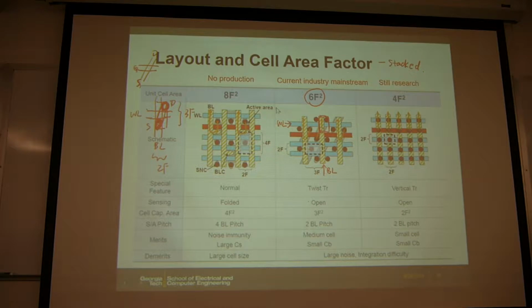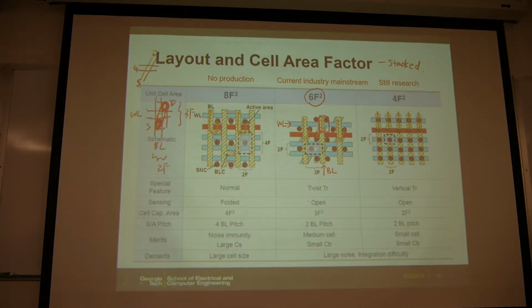The reason we have this twisted transistor is that we have to make space for the capacitor. Here, this circle is the capacitor.